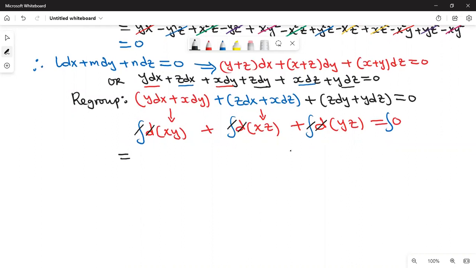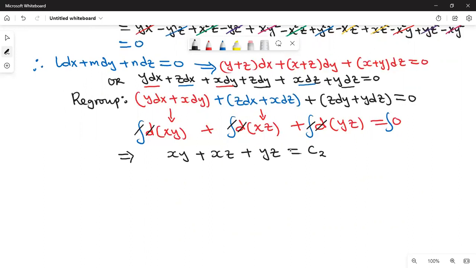So what we have after integrating, we'll have xy plus xz plus yz. That should give us a constant of integration, C2. When you integrate 0, you get a constant. Why? Because you see, when you differentiate a constant, you get 0. And we said integration is the reverse of differentiation.